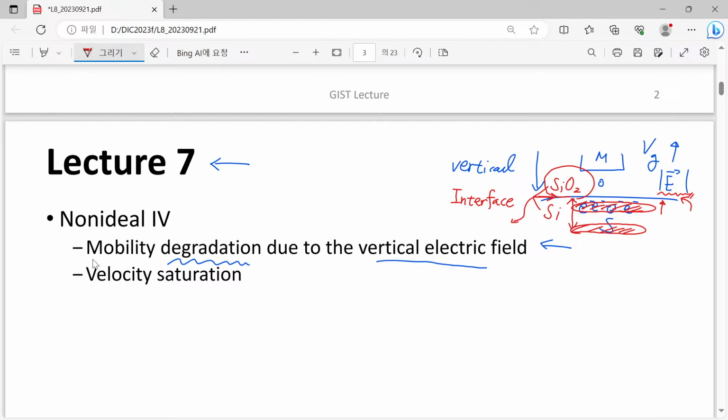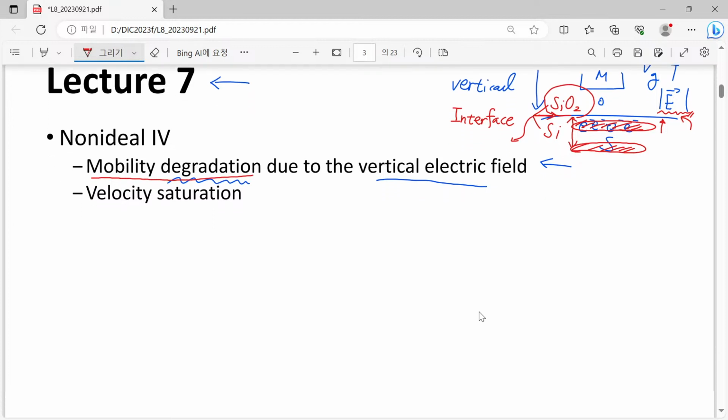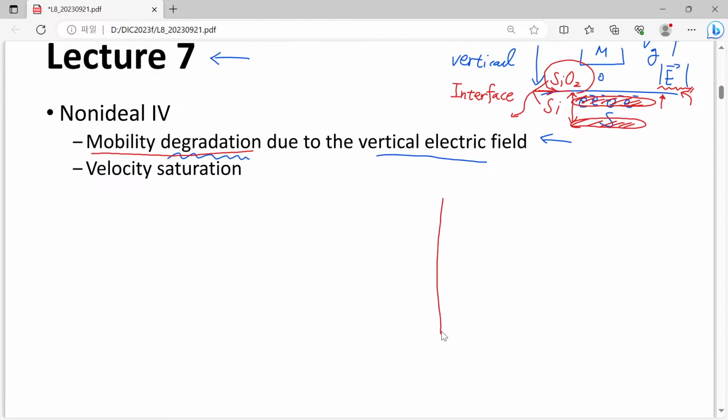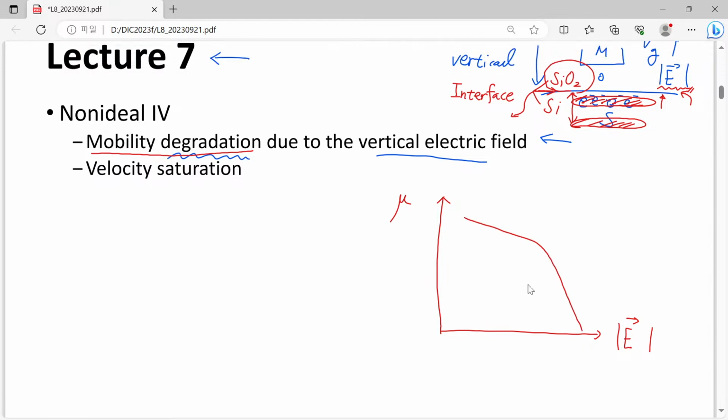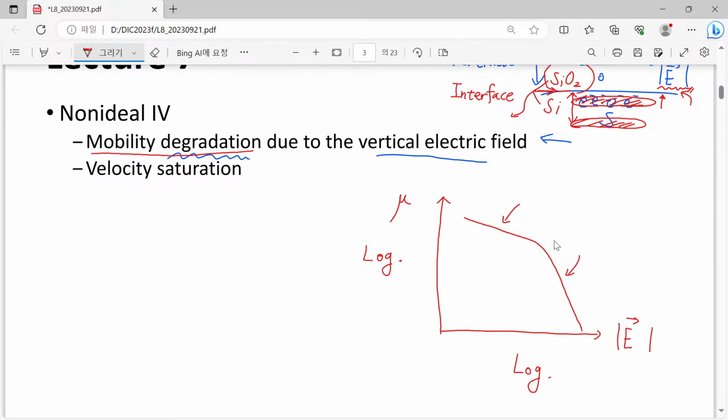That was the main reason for our mobility degradation. Where can you see it? When we draw the universal mobility curves, mobility as a function of electric field, maybe you remember that it looks like this. Of course, in this case you are taking a logarithmic scale, also a logarithmic scale for electric field, and you can immediately find that there exist two different slopes here.